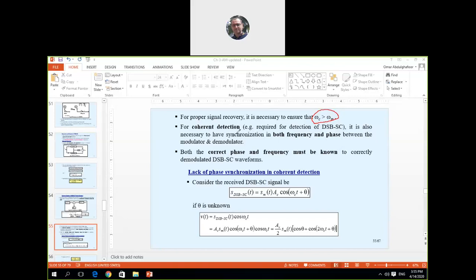And for coherent detection of double sideband suppressed carrier, it is also necessary to have synchronization in both frequency and phase in the local oscillator.